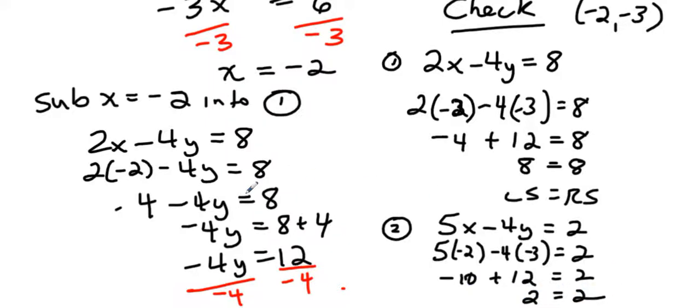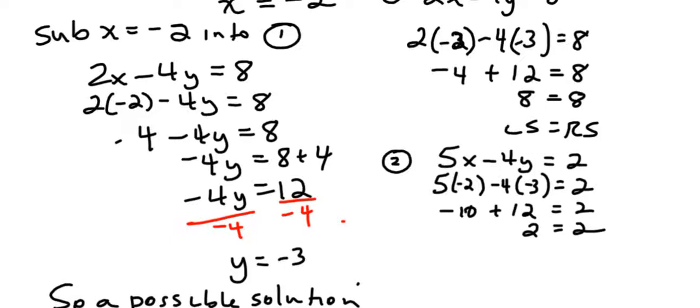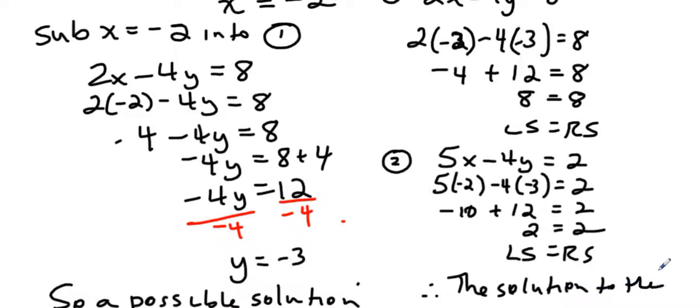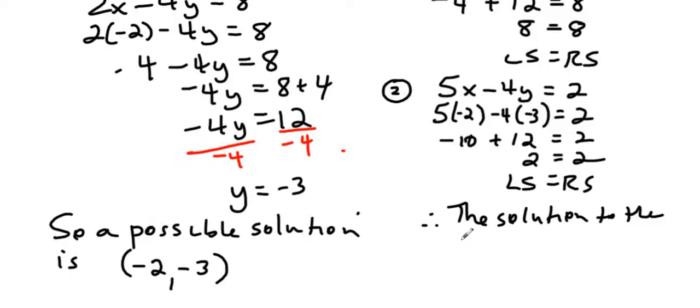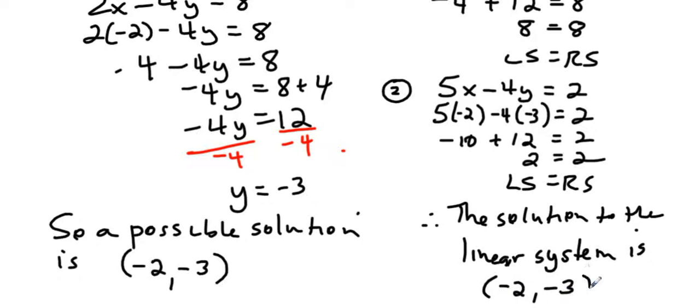And left side equals right side. All right. Therefore, the solution to the linear system is minus 2, minus 3. All right, that's the minds on. Let's get started with the lesson.